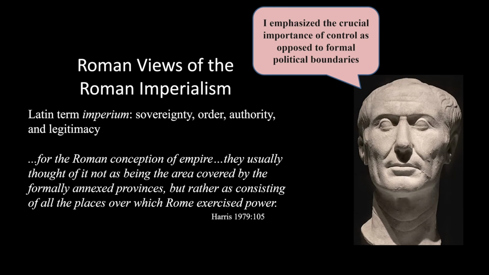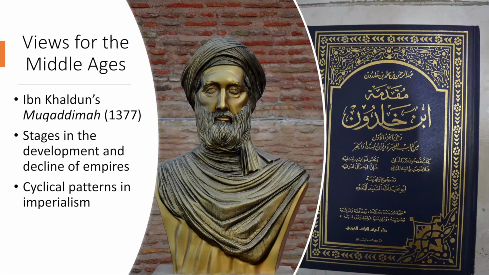So it's not so much a thing you can draw a nice, tidy line around on a map, the way we tend to think about geopolitical landscapes now, but something more focused on the recognition and exertion of power.